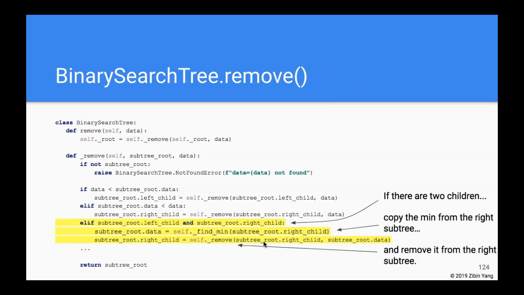And then we'll recursively remove the data that we just copied over in the right subtree.